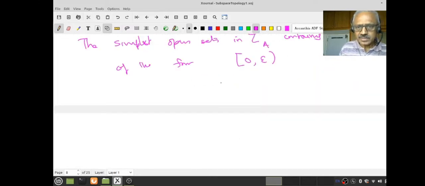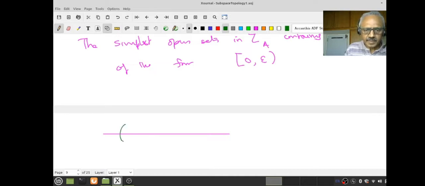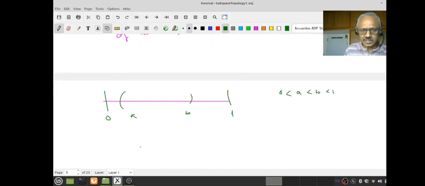Now let's look at this set. Let us say, this is my 0, this is my 1, and this is some a, b, with 0 less than a less than b less than 1. Now let's look at this set B, which is the open interval (a, b). Okay, question is, does it belong to tau A?